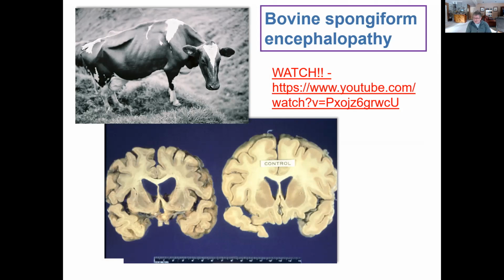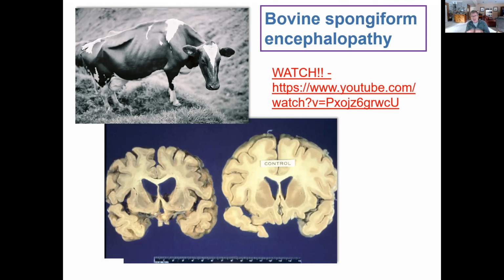And as hard as it is to believe, a lot of cows back in the mid 90s were fed what wasn't even considered contaminated food. But it had prion proteins in it from cows that had been butchered, and they had the encephalopathy. Whether they died of it or not, we don't know.